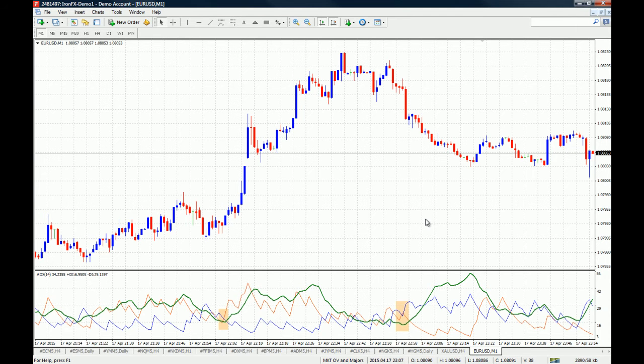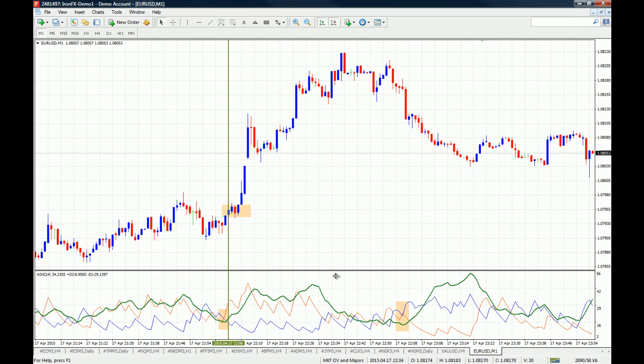Now the way you are going to use the ADX for entries or exits is a little bit different. For instance, when the plus DI moves above the minus DI, you have to wait for the ADX to move above the minus DI. When the ADX moves above the minus DI, such as in this case, you should go long, and our long entry should be around these price levels.